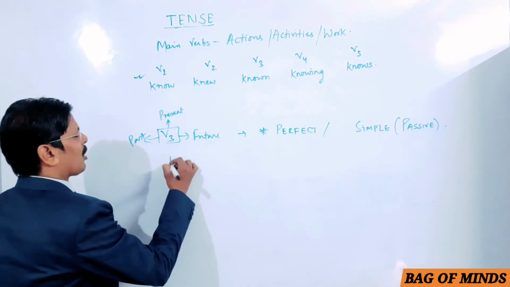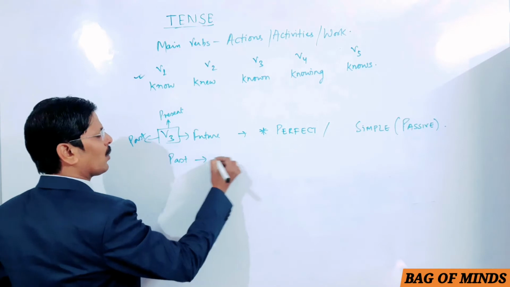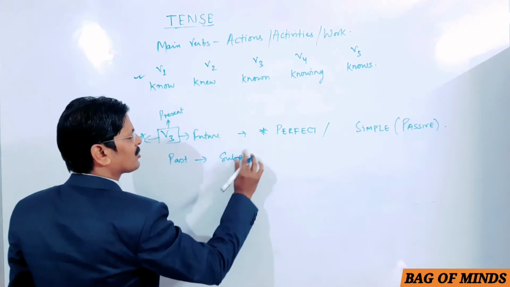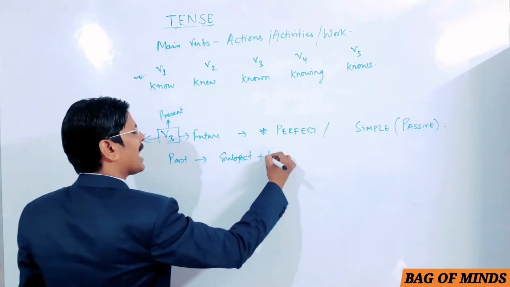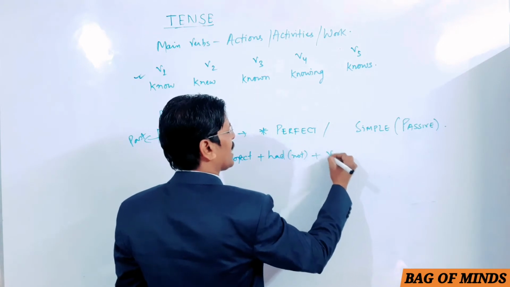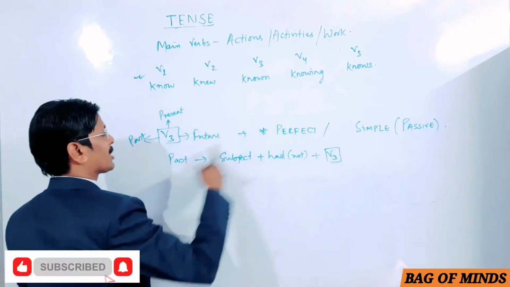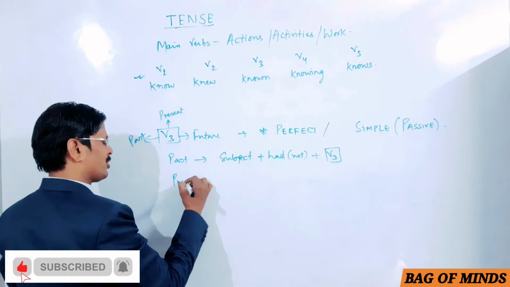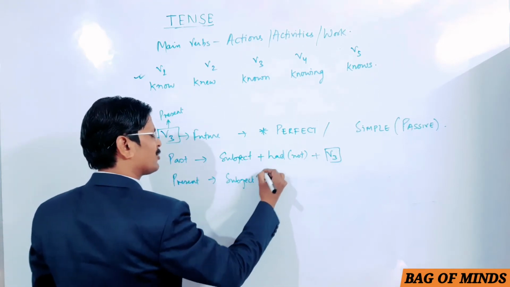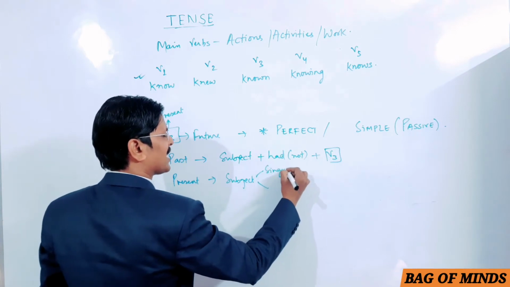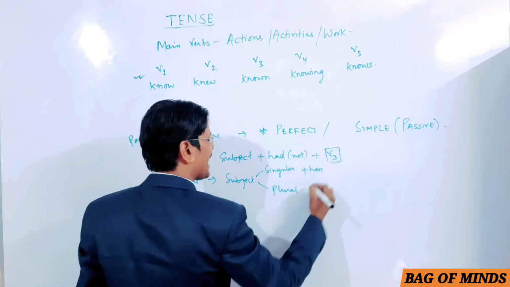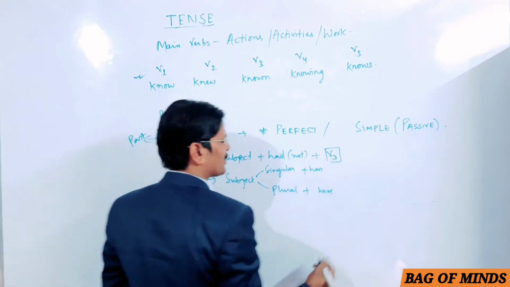Let's say when we talk about past, it will always follow the pattern subject plus had, let me use negative not here in bracket, plus V3. This is for past perfect. Present, here subject. Now we have a division here. In present tense we have singular and plural. With singular I will use has, and with plural I will use have.